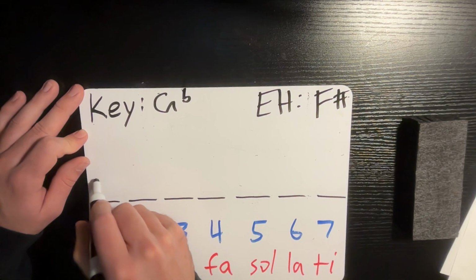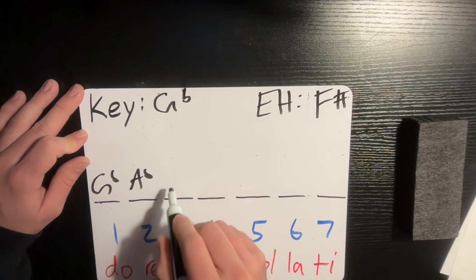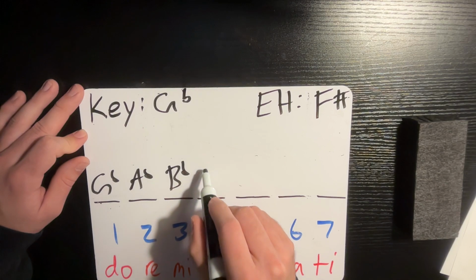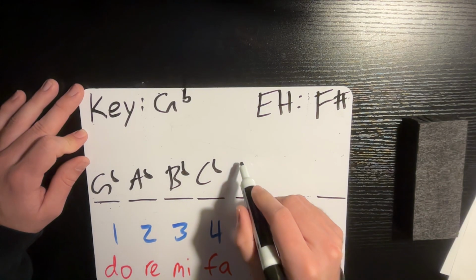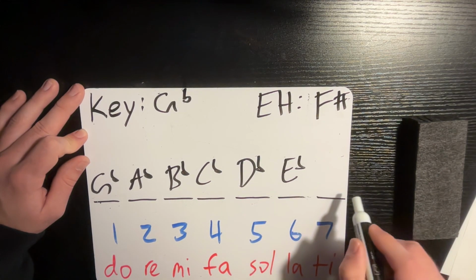Here we go. G flat, A flat, B flat, C flat. Now we have C flat in our scale, D flat, E flat, F.